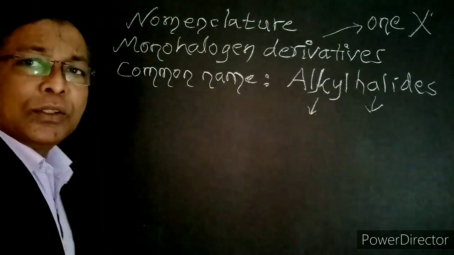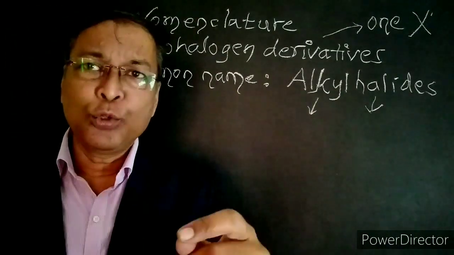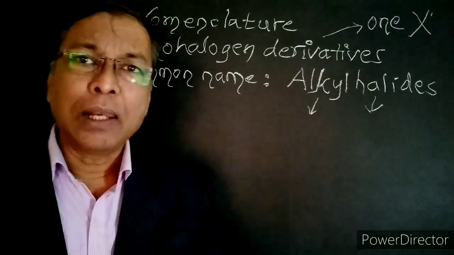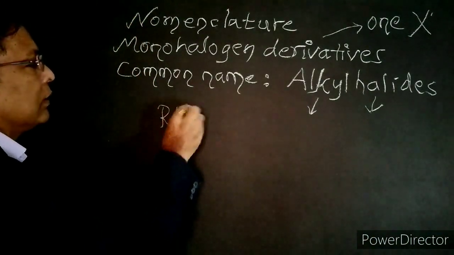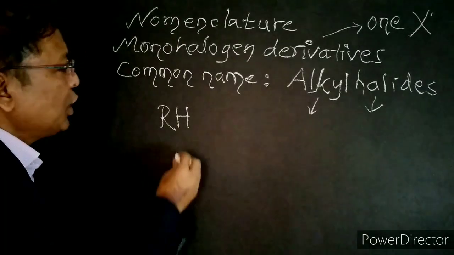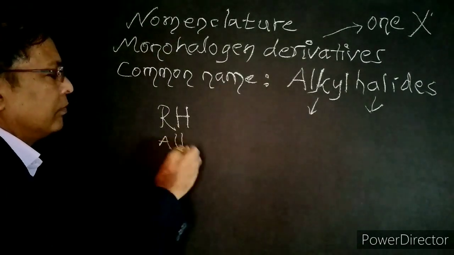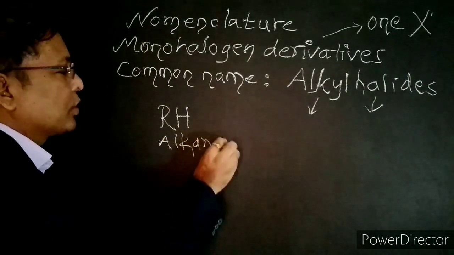When alkanes lose one hydrogen atom, they become alkyl. This is the symbolic representation of alkane, RH.